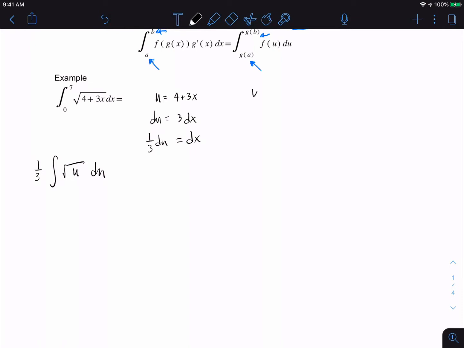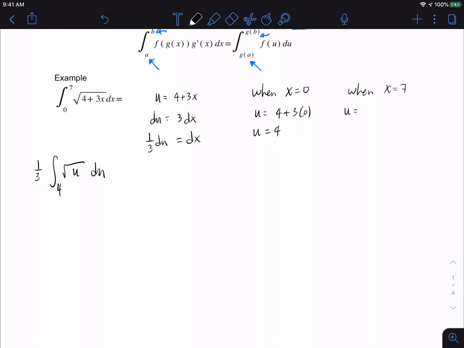So to do that, when x was 0, my u is going to become 4 plus 3 times 0, which is going to give me u is 4. So my lower bound will be 4. My upper bound then is when x is equal to 7.